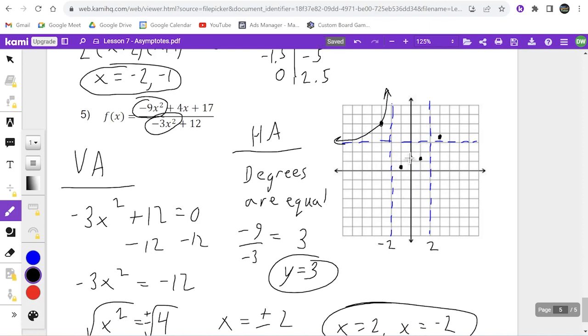I'm going to basically start here and just go down like that. And then same thing on the other side. I kind of missed that dot, but you get the picture. And then for the last one, again, just follow the dots and go towards the asymptotes like that. And it's going to look like an L shape. And again, if you plug this in your calculator, this is going to be the right answer.